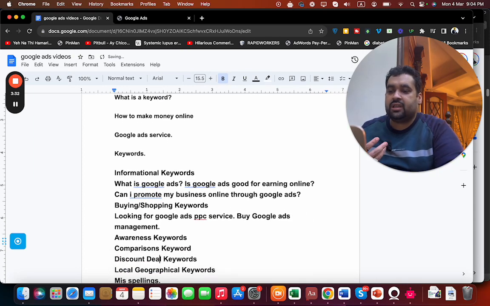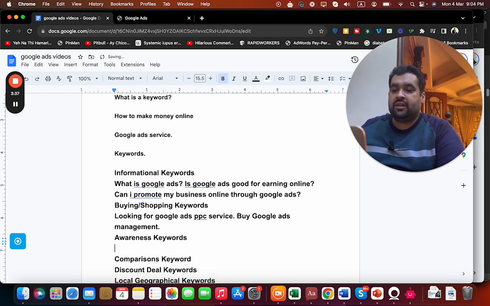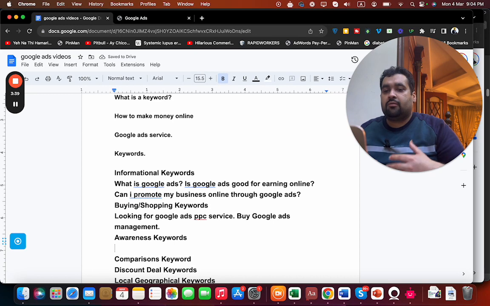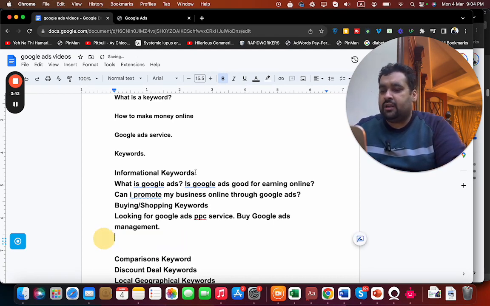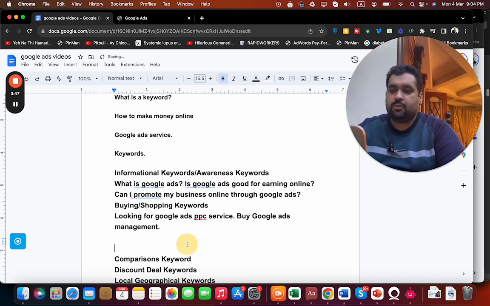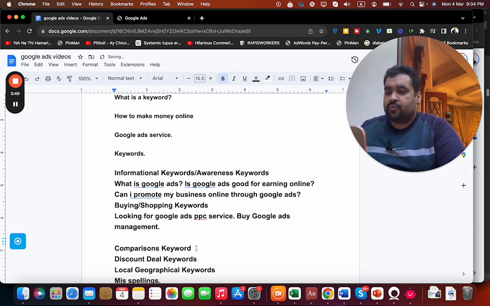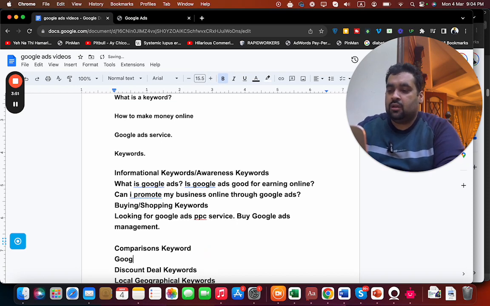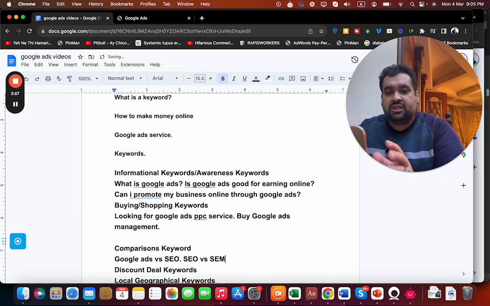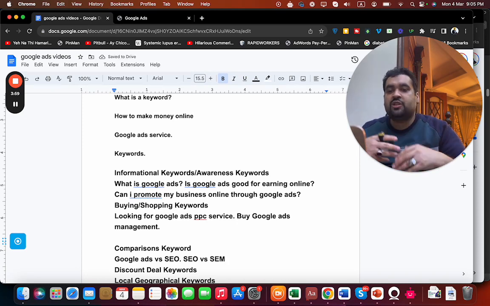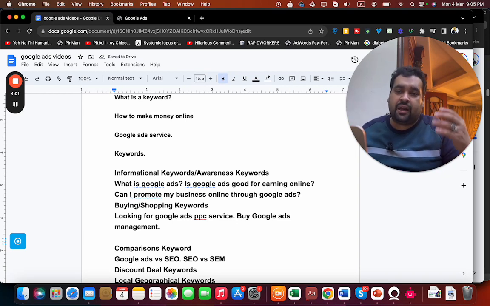Awareness keywords can also be related to informational keywords because you want to know more. You can even link informational keywords with awareness keywords, like I link the buying keywords and the shopping keywords, because they are similar to each other. But comparison keywords, like Google Ads versus SEO, or SEO versus SEM, are where you want to know which one is good. So you need to understand the intent behind the keyword.